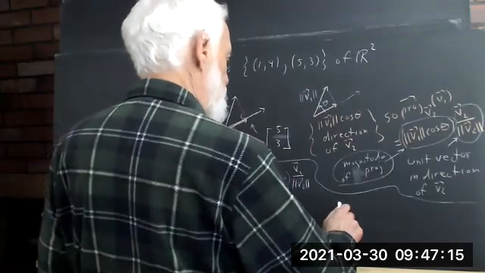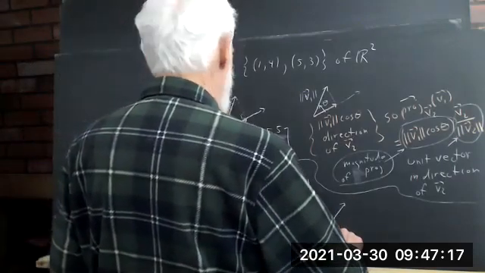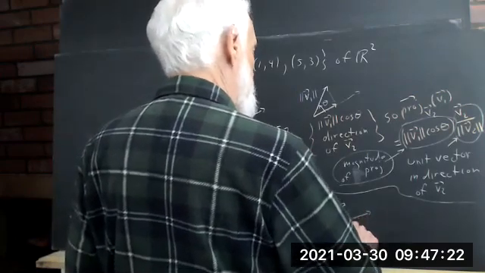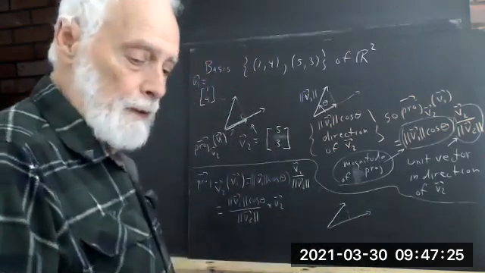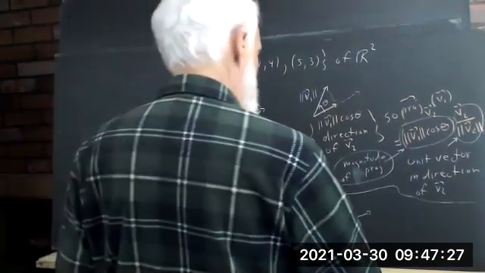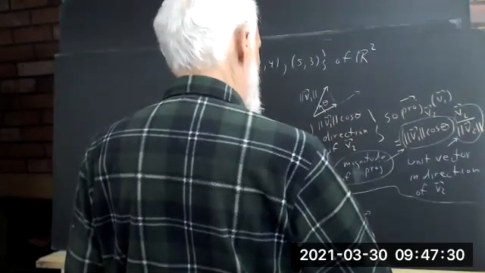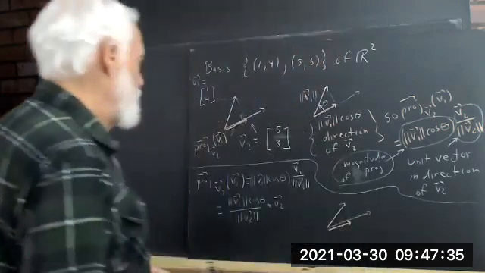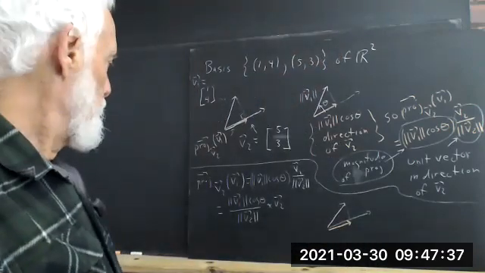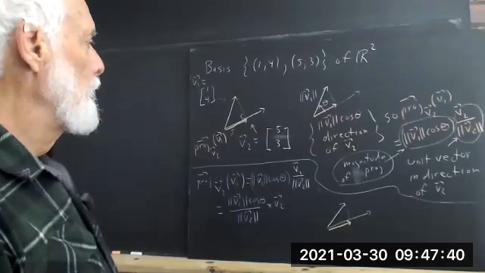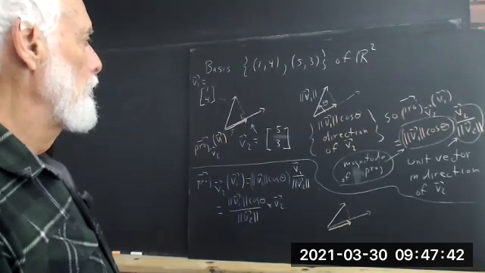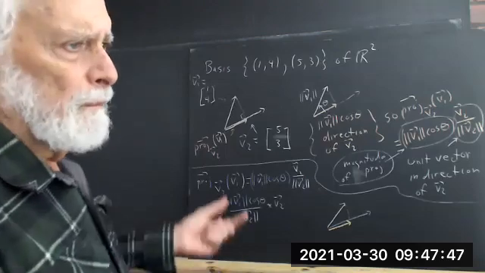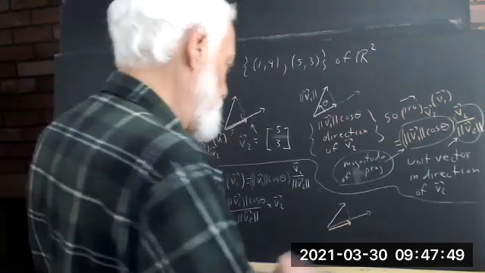Here we've got V1, here we've got V2, here we've got the projection of V1 on V2, and that's where I'm wrong. Oh, never mind. Nothing wrong with what I've got. I've just got one more step to do here.